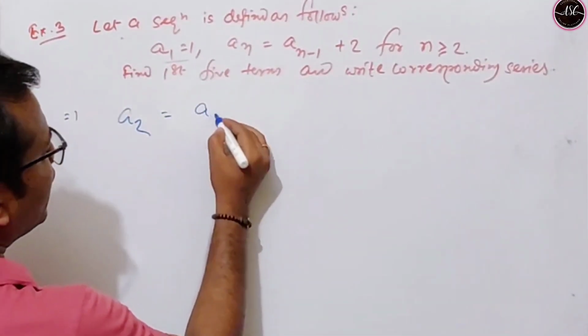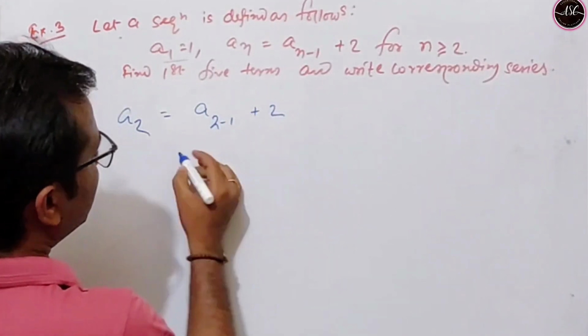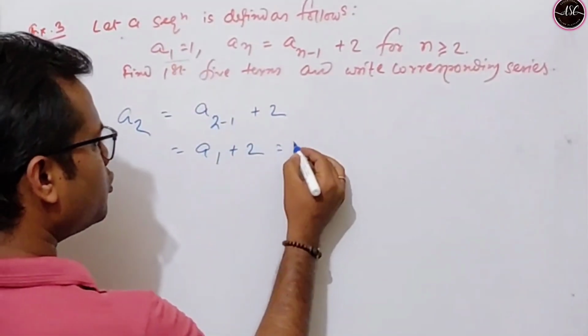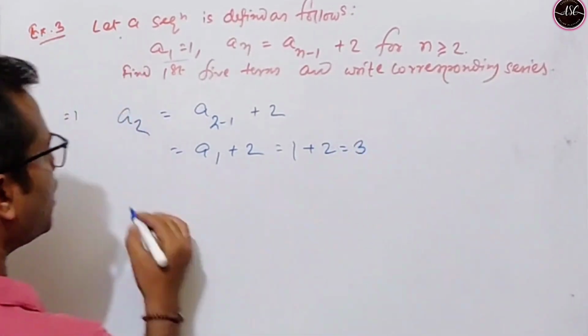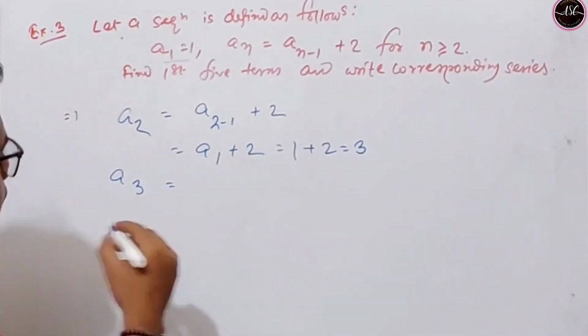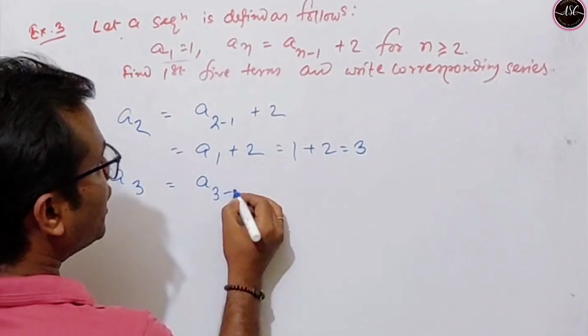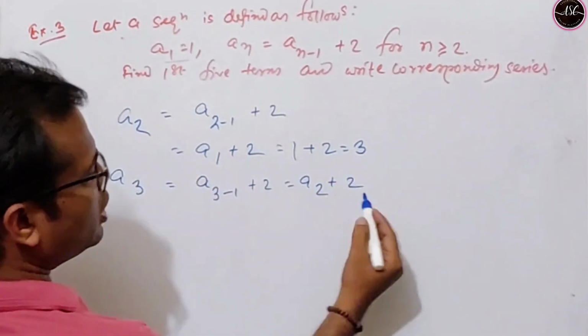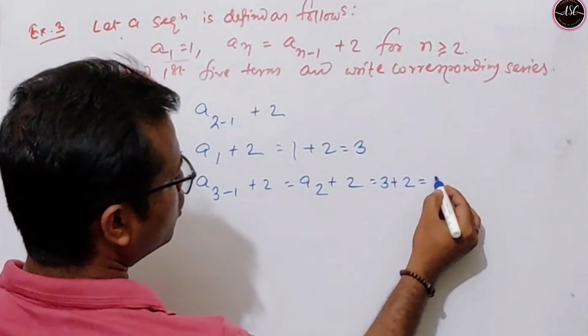We will find the a2 term first. a2 equal to a(2 minus 1) plus 2, that means a1 plus 2. Given a1 is equal to 1, so 1 plus 2 equals 3. a3 equal to a(3 minus 1) plus 2, that means a2 plus 2. Here a2 equal to 3, so 3 plus 2 equal to 5.